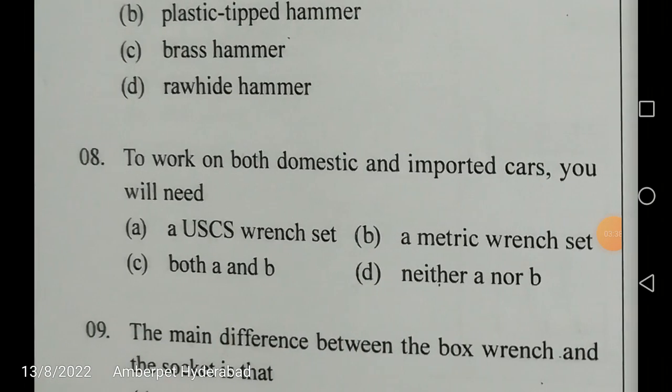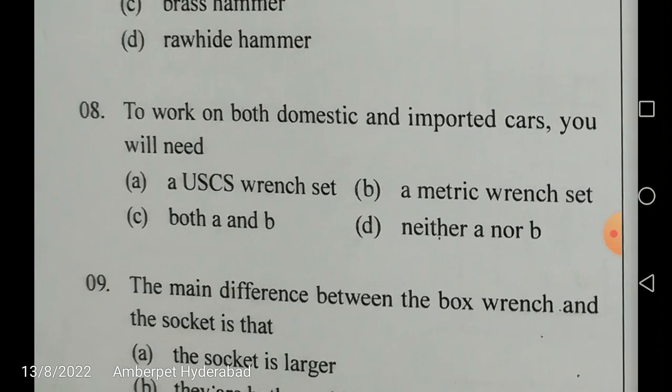Next, to work on both domestic and imported cars, you will need a USCS wrench set and a metric wrench set. Sometimes you have to use a USCS wrench set, and sometimes you have to use a metric wrench set. So both are used to work on both domestic and imported cars.